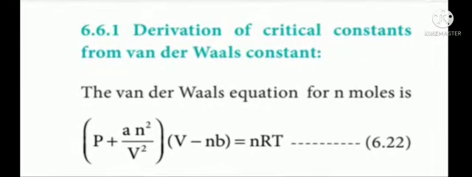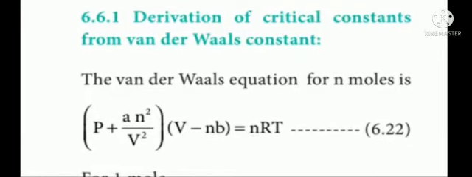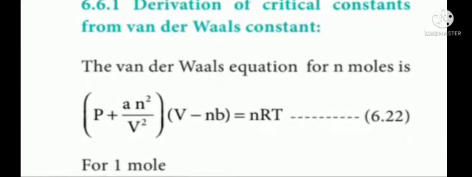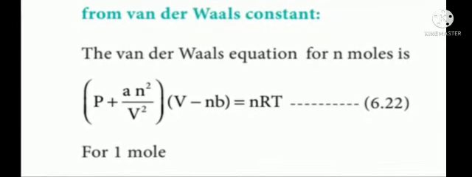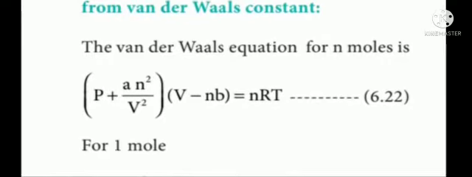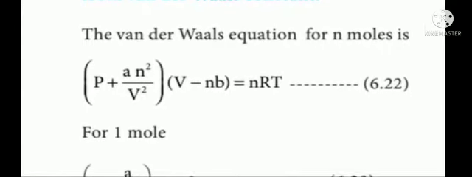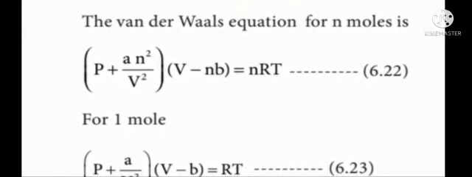Derivation of critical constants from van der Waals constants. Here we have the van der Waals equation for n moles, given in equation 6.22: (P + an²/V²)(V - nb) = nRT.